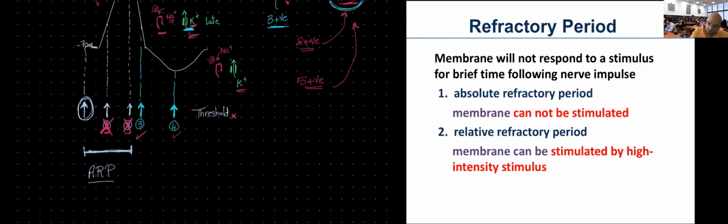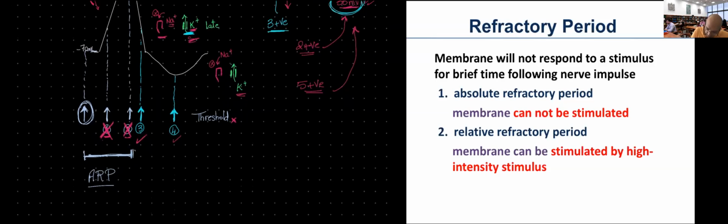How about during late repolarization? Late repolarization and during hyperpolarization, can I respond? Yes, but not to a threshold stimulus. You need a stronger than threshold stimulus. So we call this a relative refractory period.